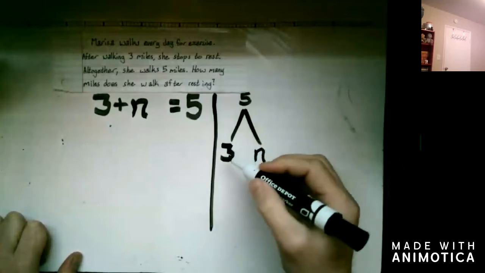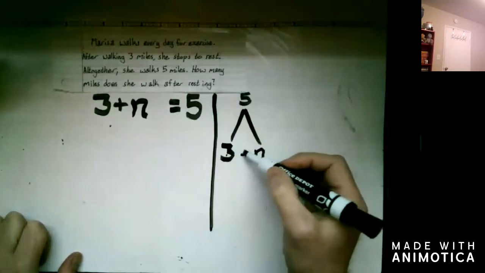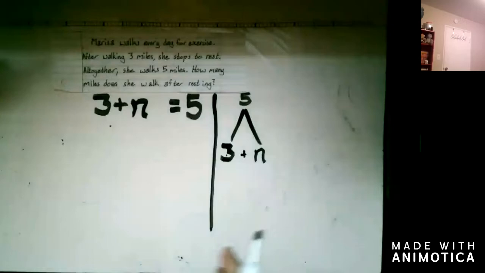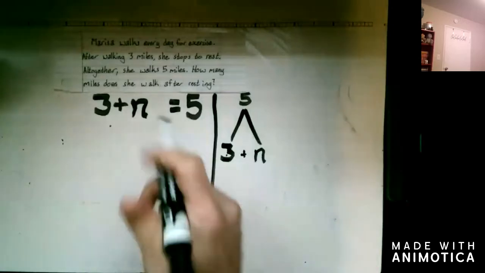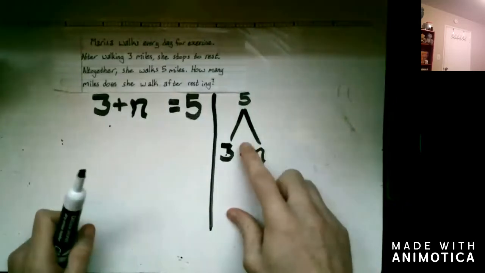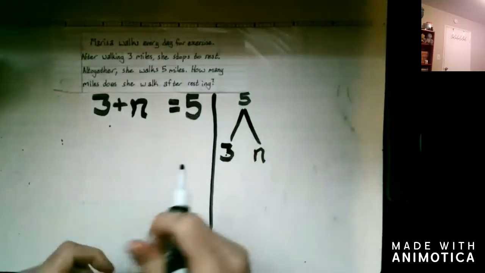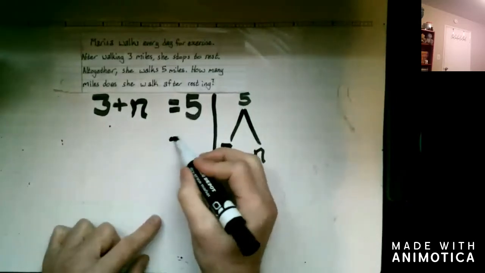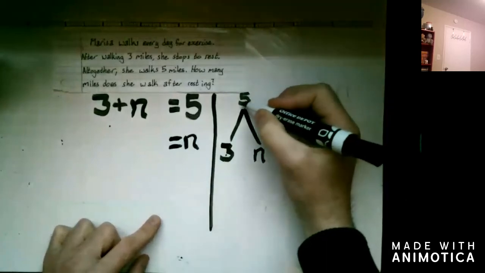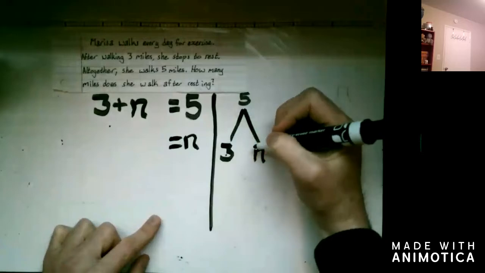And what that tells us is 3 plus n equals 5. This is useful to remember because it works with addition, but it also works with subtraction. So to solve this, I want my n to stand alone. And so I'm going to say 5 minus 3 equals n.